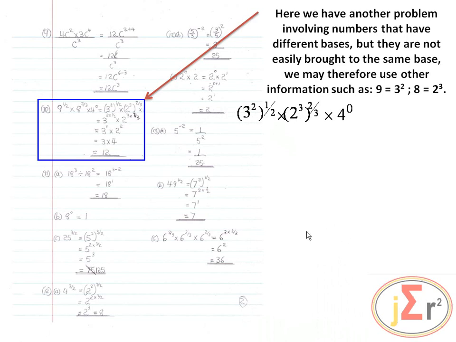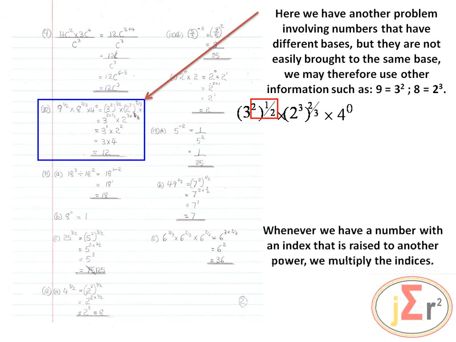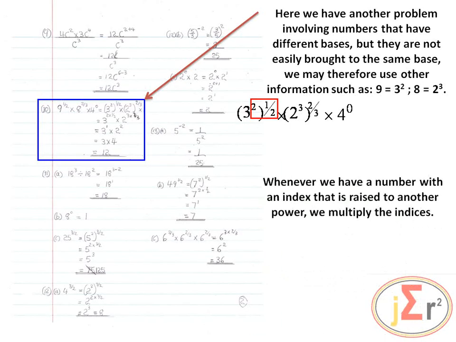Now, what do we have right there? A number with a power raised to another power, or we normally say a number with an index raised to another power. Whenever we have a number with an index that is raised to another power, we multiply the indices.